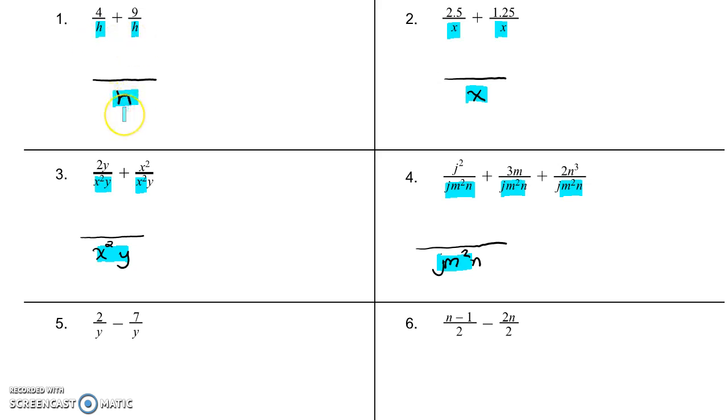You keep it. Even in a problem like 4, when there's 3 different variables, but all 3 expressions have the exact same 3 variables with the exact same exponents. That's a common denominator. I keep it. Okay? Make sure you're on pause and finish all 6 of these before you check answers.